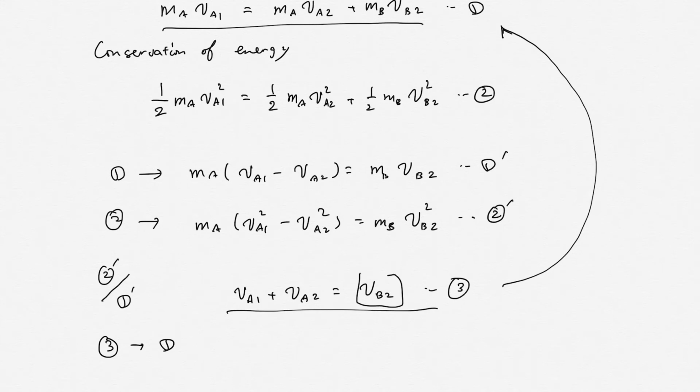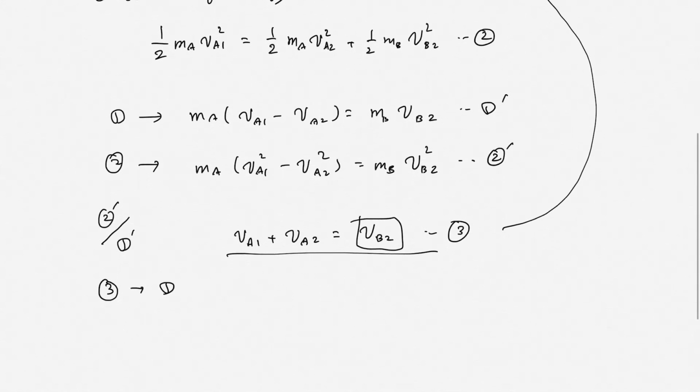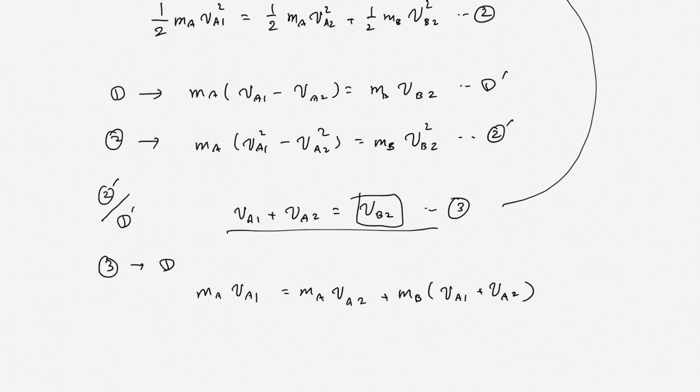In equation 1, you can substitute v sub b2. Then it becomes m sub a, v sub a1 equals m sub a, v sub a2 plus m sub b, times v sub a1 plus v sub a2. Then v sub a2 can be expressed as a function of v sub a1.